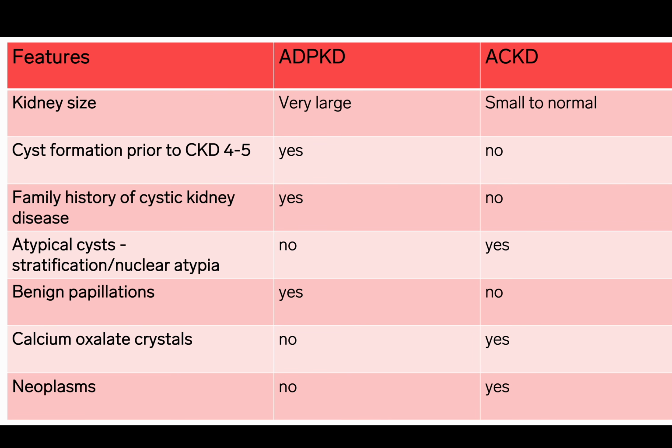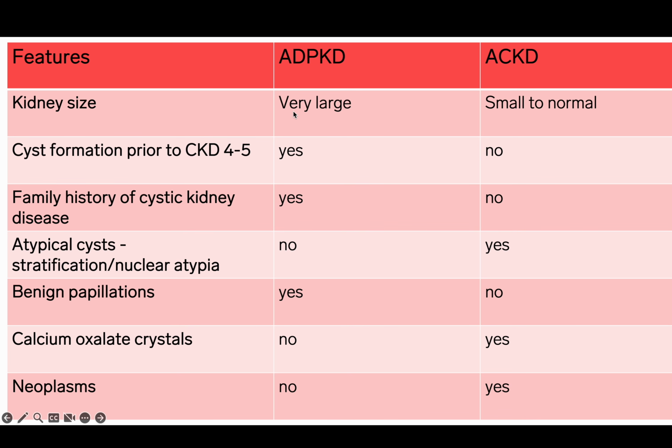In this table, I provided a comparison and contrast between autosomal dominant PKD and acquired cystic kidney disease, simply because on gross examination and microscopic examination, they have some similarities. The main difference between them are listed in the first two lines.